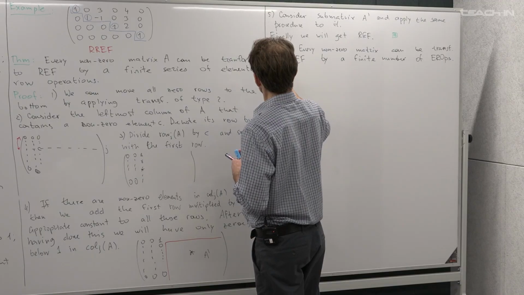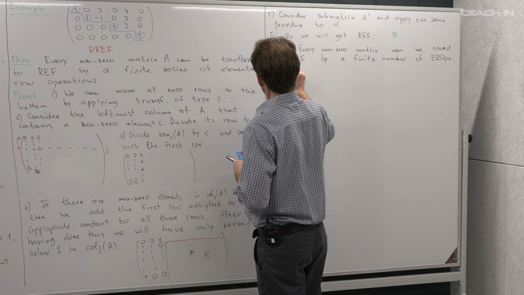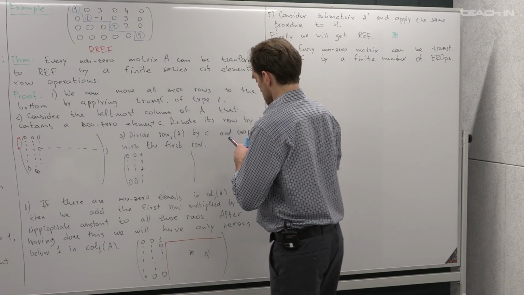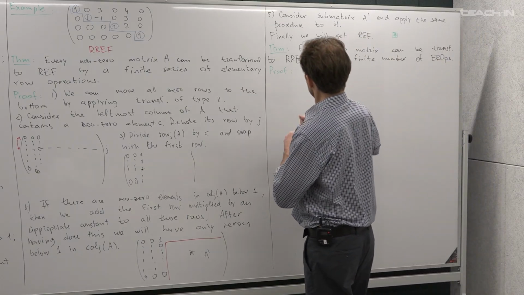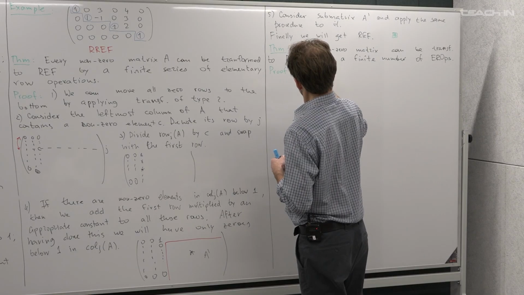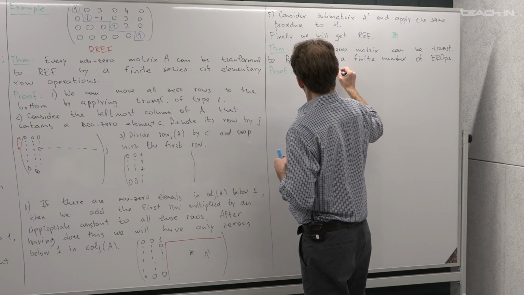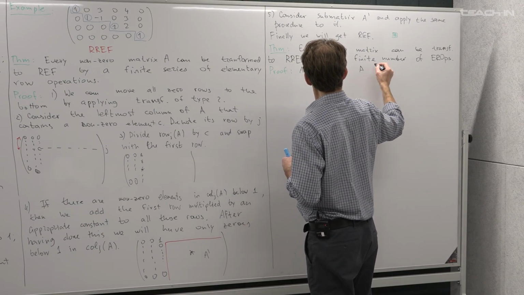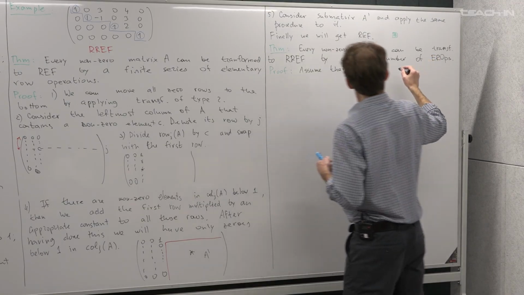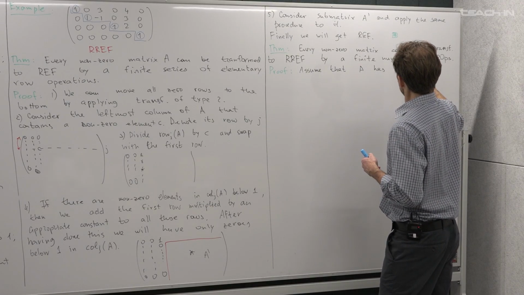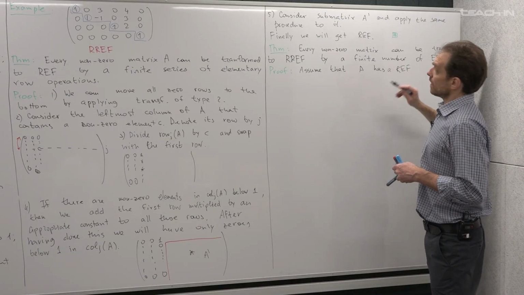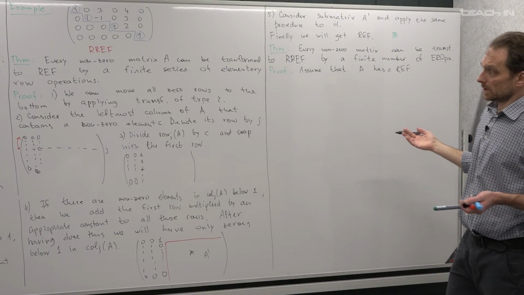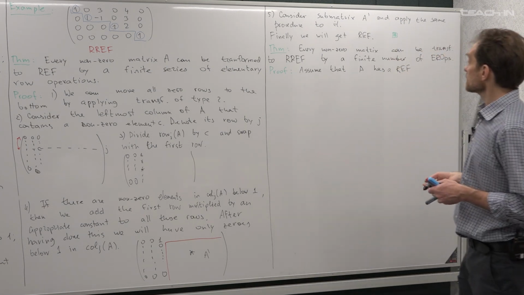We just need to continue this procedure. So assume that A has row echelon form. It exists according to our previous result.